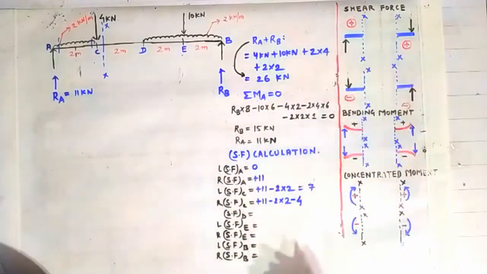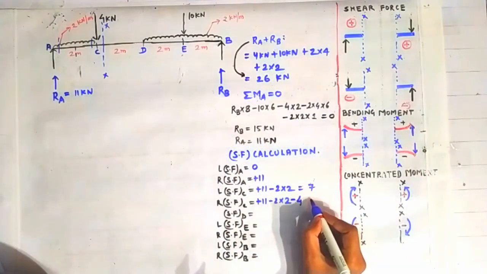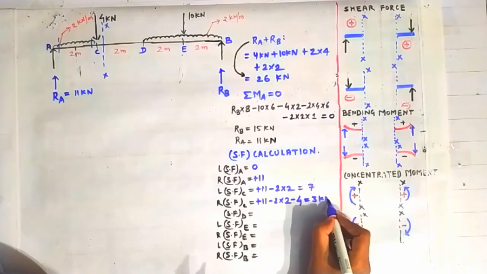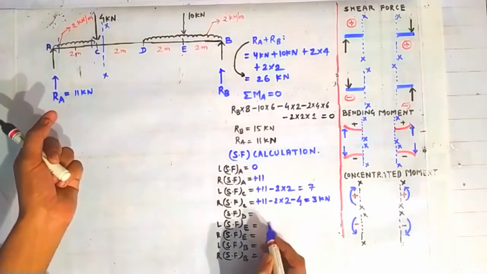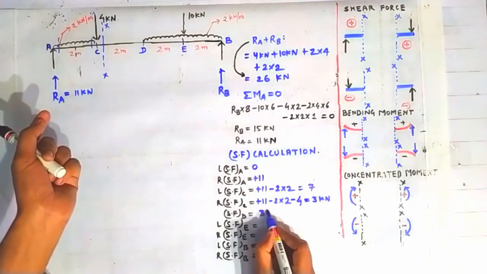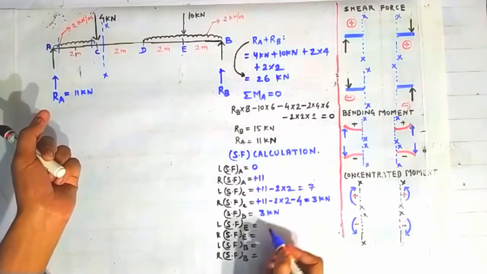Okay, so it will give us a shear force of 3 kilonewton, and when you find out the shear force at the point D, the same calculation will repeat itself, and it will come out to be 3 kilonewton again.